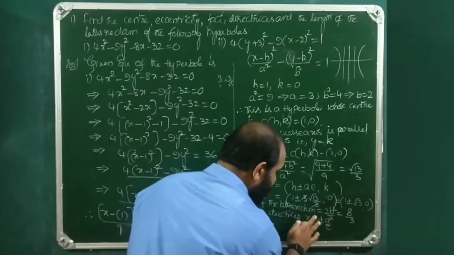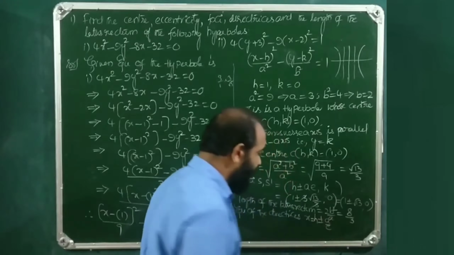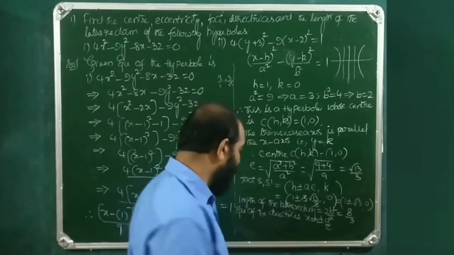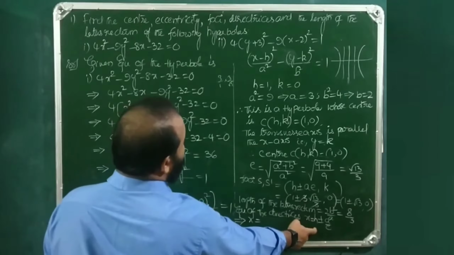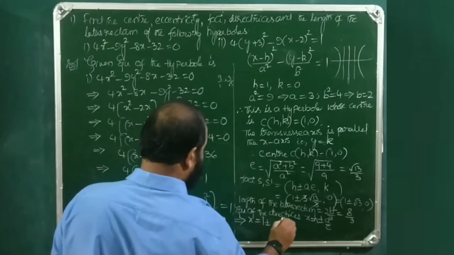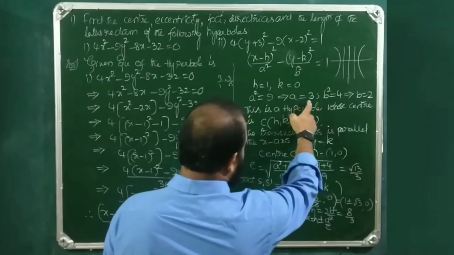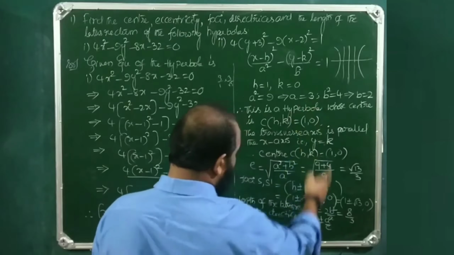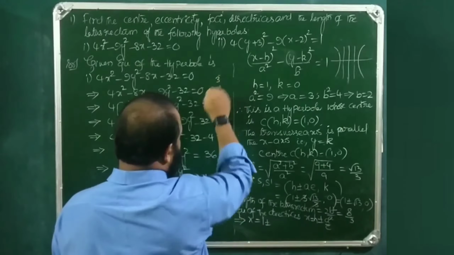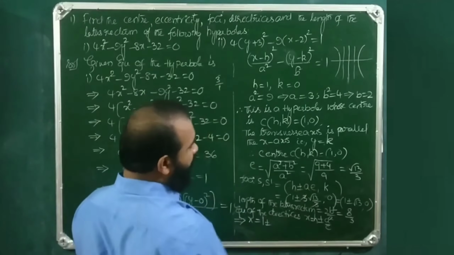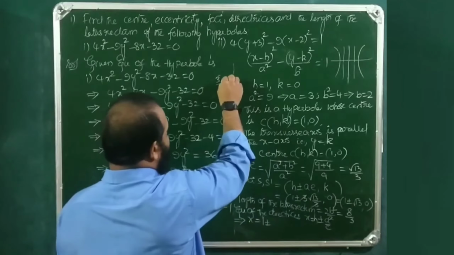So for this, since shifting of the origin happened, h will be added extra. x is equal to h plus or minus a by e. From this, the value of h is 1 plus or minus a by e. a value is 3, e value is root 13 by 3, it will be reversed. 3 by root 13.